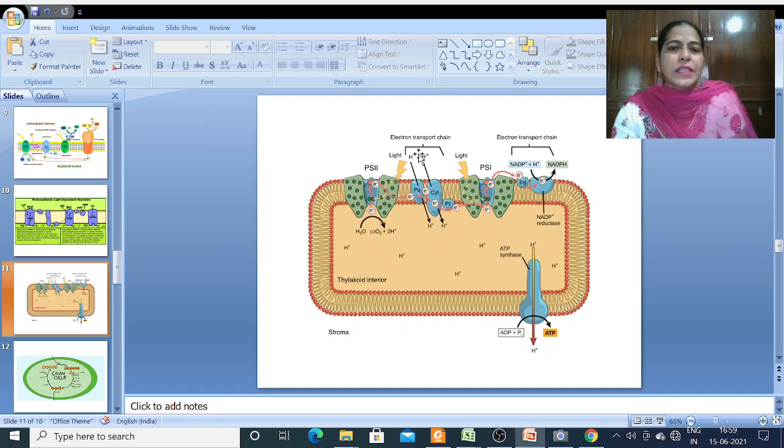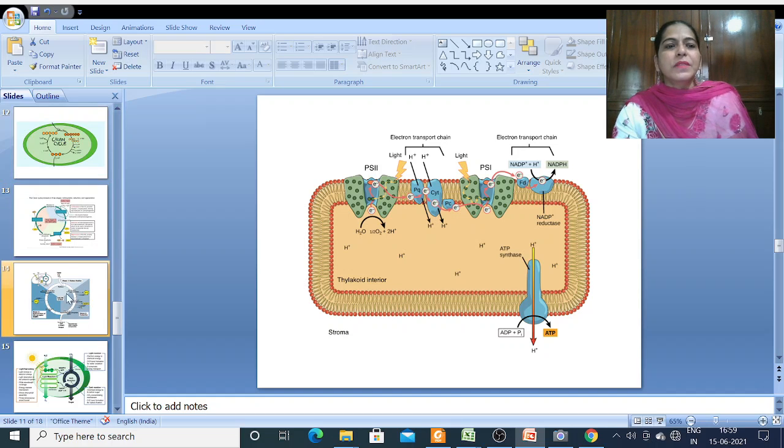And protons, you can see during the electron transport chain, protons are gathering inside the thylakoid lumen. You get a proton motive force, ATP synthase is activated and you get ATP. So NADPH as well as ATP have been formed.